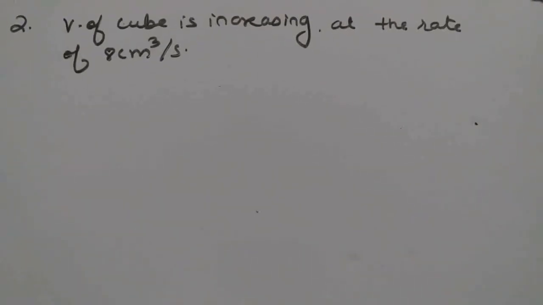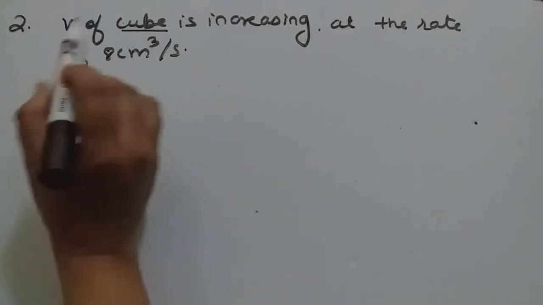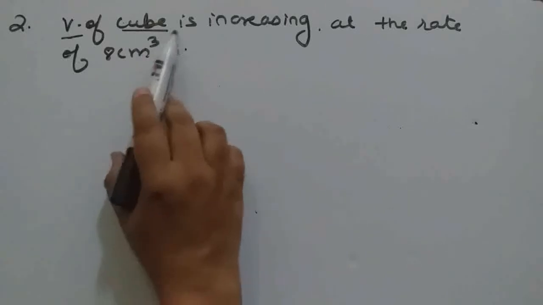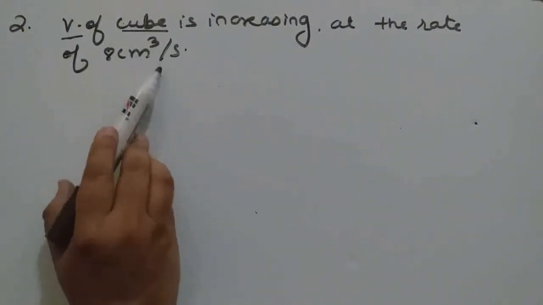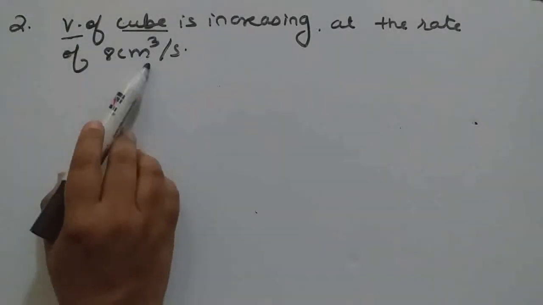Question number 2: the volume of a cube is increasing. So the figure is a cube and the volume is given. The volume of the cube is increasing at the rate of 8 centimeter cube per second. That means in this case dV by dt is given.